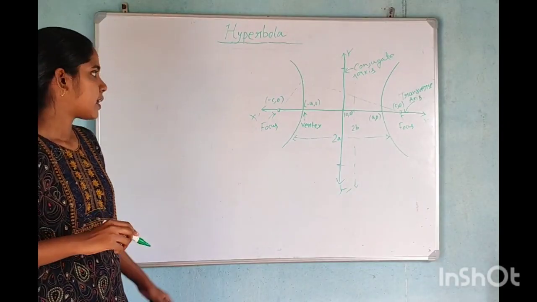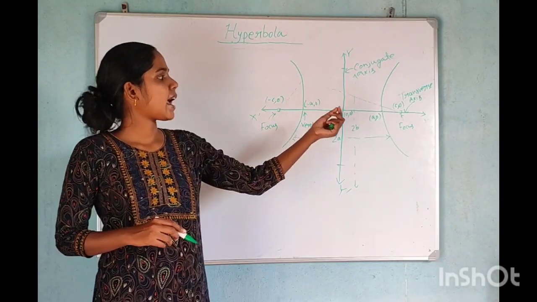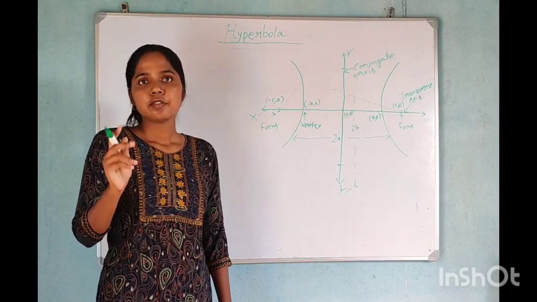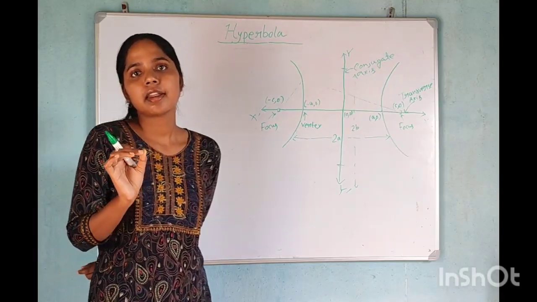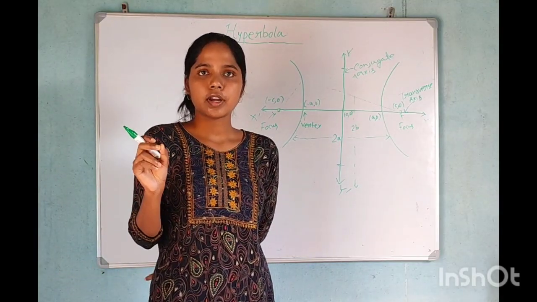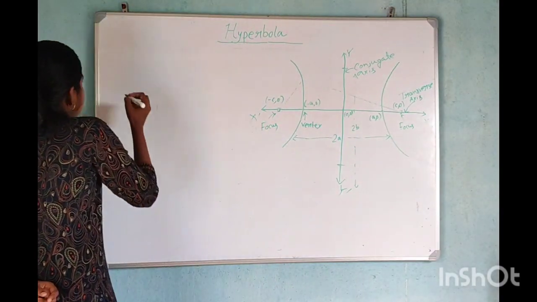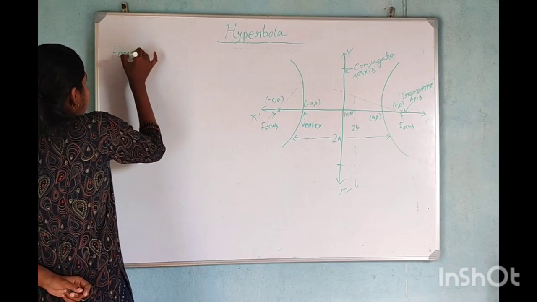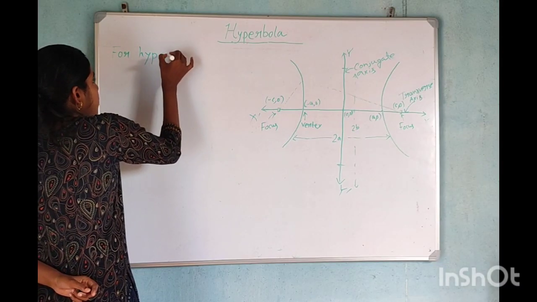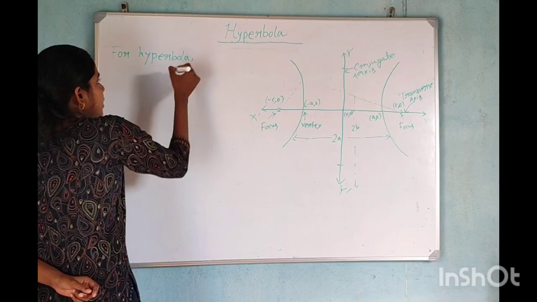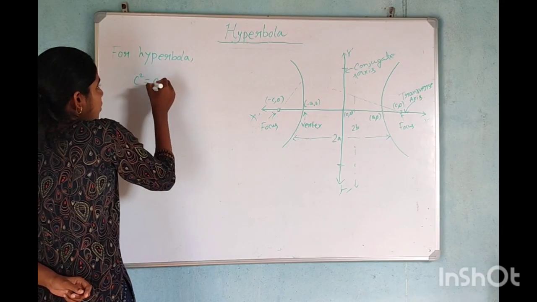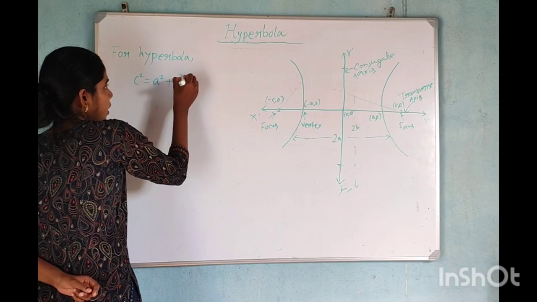Like ellipse, here also between c, a and b there is a relation. For ellipse, the relation is c square equals a square minus b square. But for hyperbola, the relation is c square equals a square plus b square.